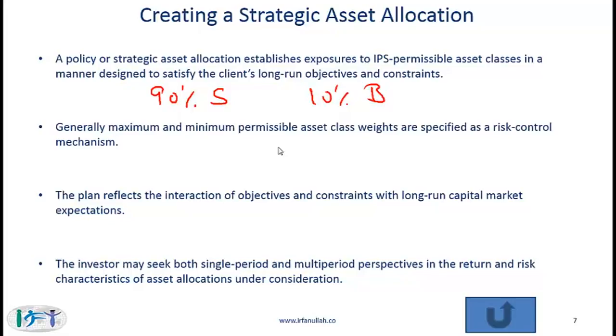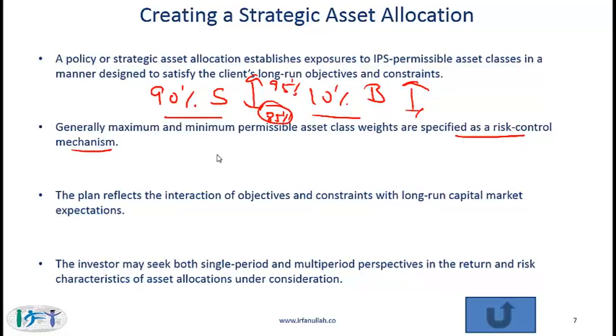Generally, maximum and minimum permissible asset class weights are specified as risk control mechanisms. So what this is saying is that when we specify asset allocation, we might also say that a 5% deviation is allowed on each side. So if we are extremely bullish on stocks, we might actually go up to 95%. If we believe that the market is overvalued and we are bearish, then we might come down to 85%.